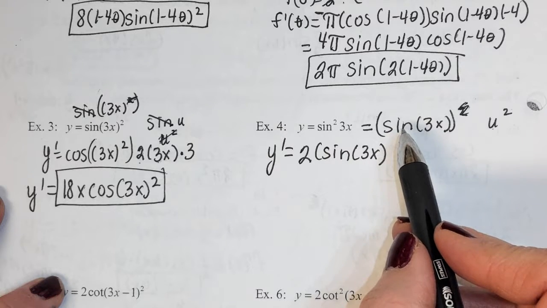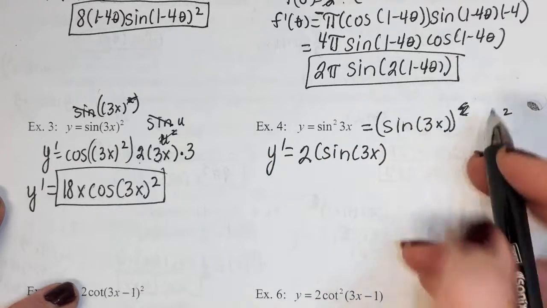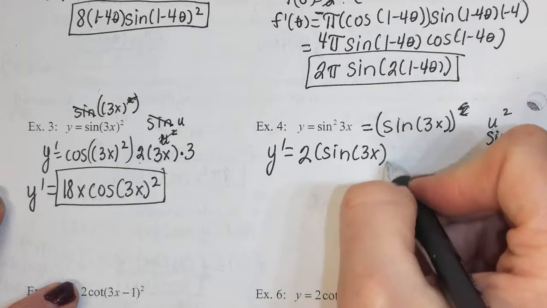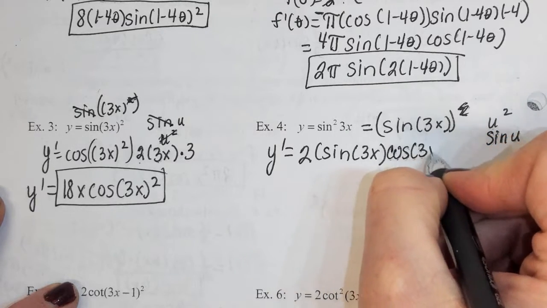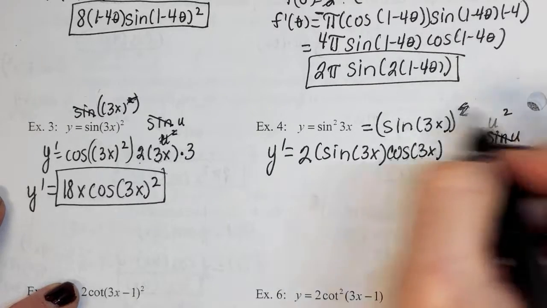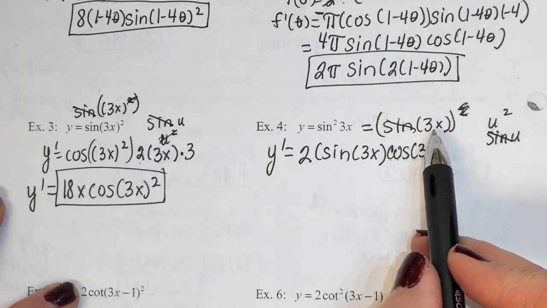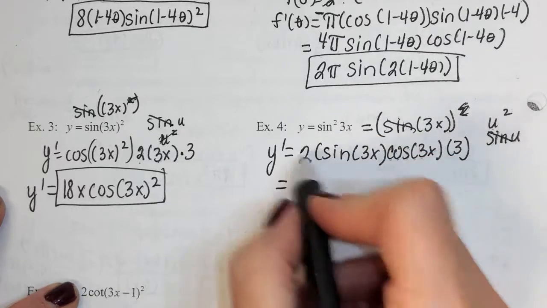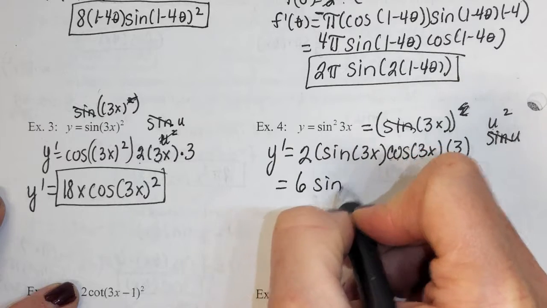So now I'm down to this inner parenthesis here. So now I'm thinking of it as sine U. The derivative of sine U is cosine U. I just did the derivative of sine, done with that. And now I do the derivative of 3x, which is 3. And I have 3 times 2, which is 6 sine.